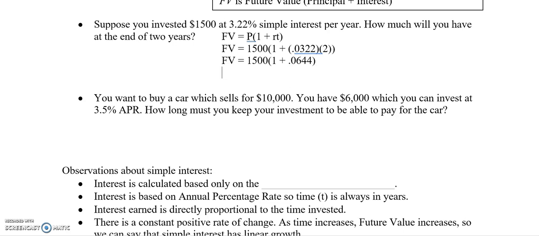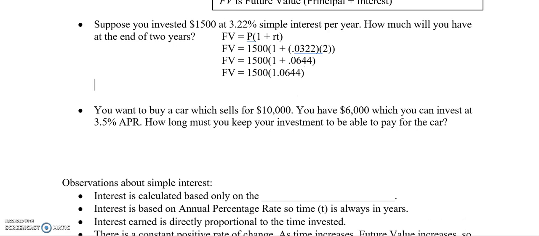Next, we're going to add in what is inside the parentheses. So 1,500 times 1.0644. And now we're going to multiply 1,500 times 1.0644, and that gives us a future value of $1,596.60.